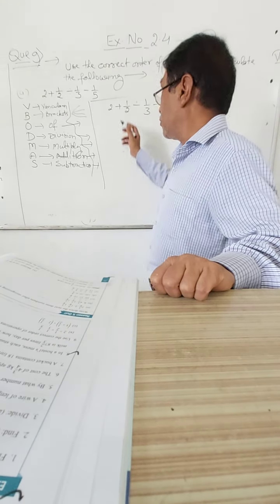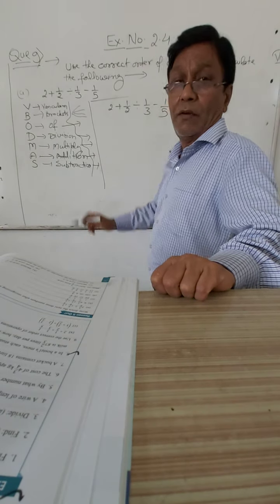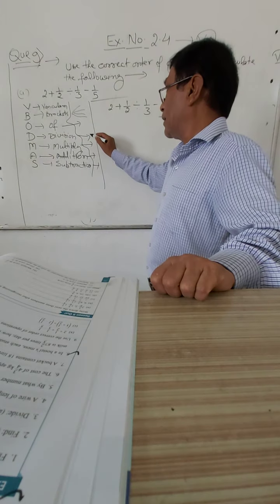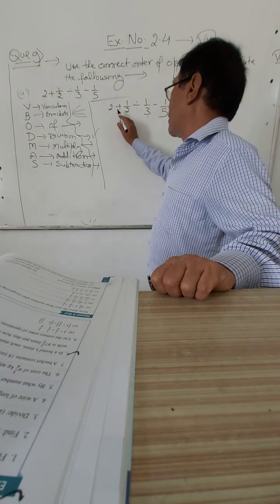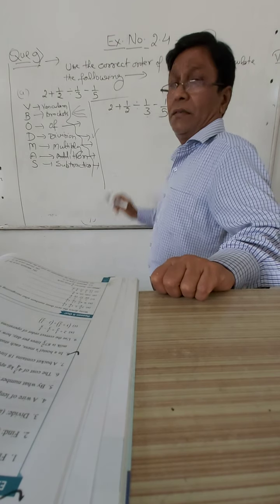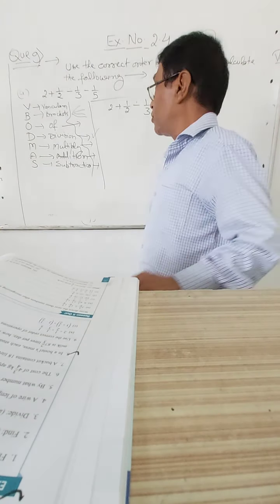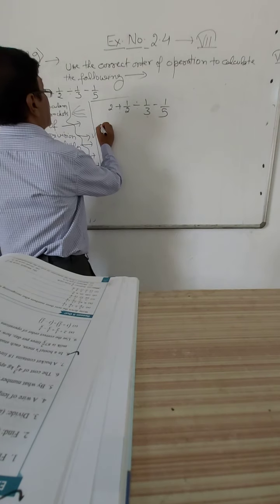So out of these three, which will we solve first? That is division. So first we will solve these two, then addition, then subtraction.